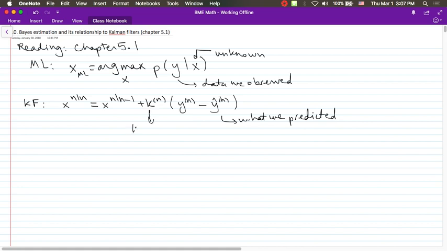This was called the Kalman gain. In order to do the Kalman filter, we had to have a prior, a distribution that looked like this: P of x was normally distributed with some mean that we called x of n given n minus 1 and some variance, P of n given n minus 1.